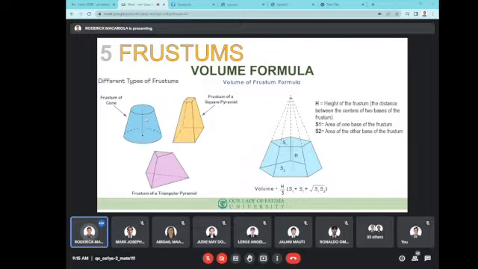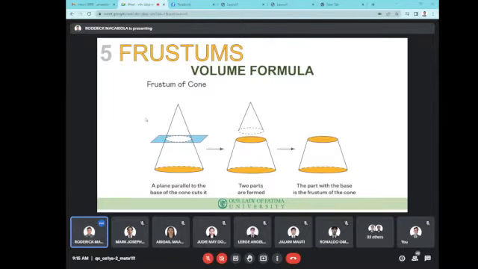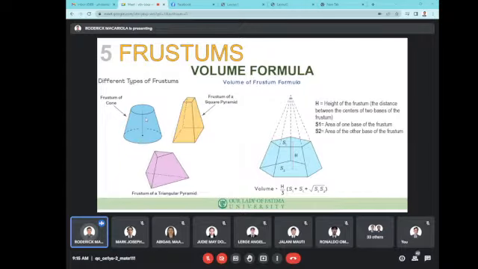Pag kinat mo sila, yung lower portion, so that's the formula for this frustum. We have h over 3 multiplied by the area of the first surface plus the second surface plus the square root of area 1 and area 2.